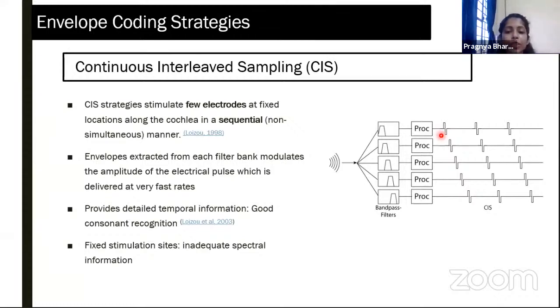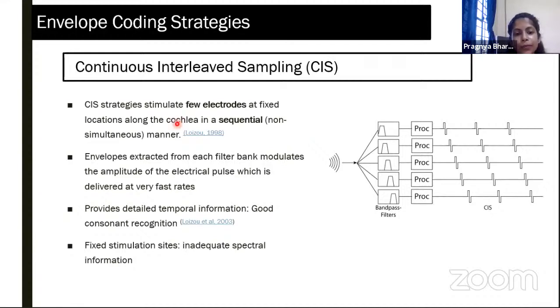Previous stimulation strategies usually relied on simultaneous stimulation of the selected electrodes, but that caused a lot of channel interaction and distortion. Continuous interleaved sampling overcame this challenge by using a non-simultaneous or staggered stimulation technique.